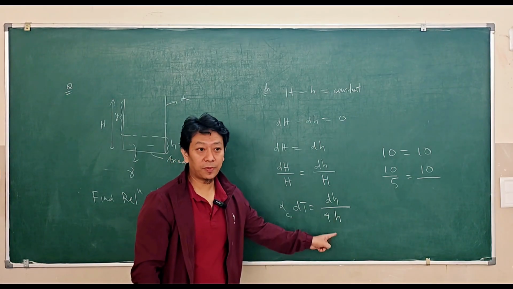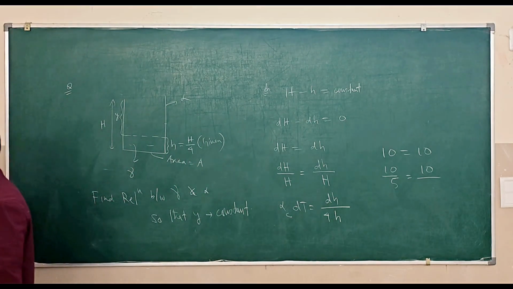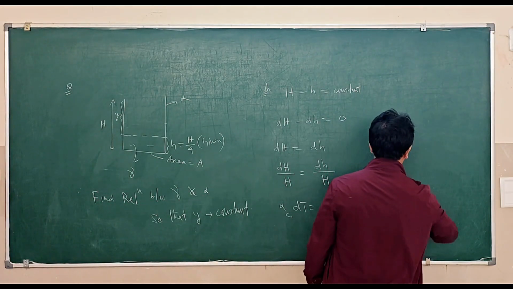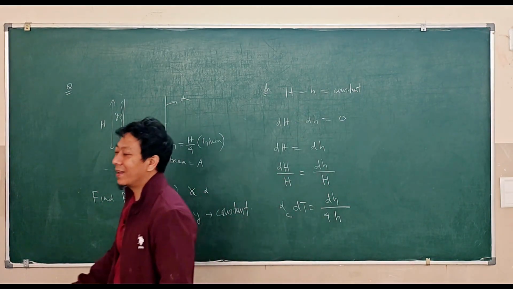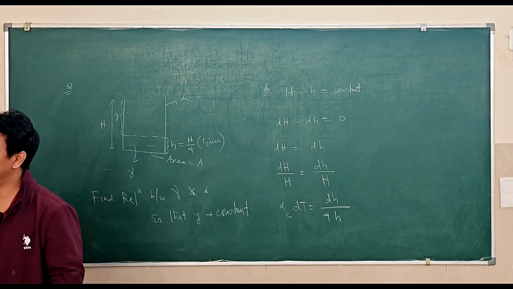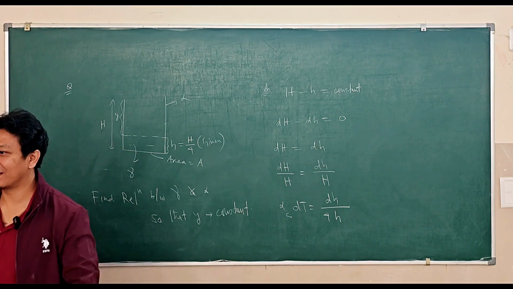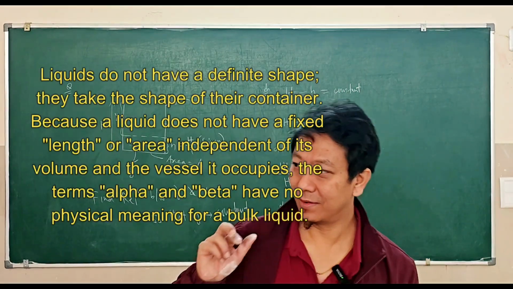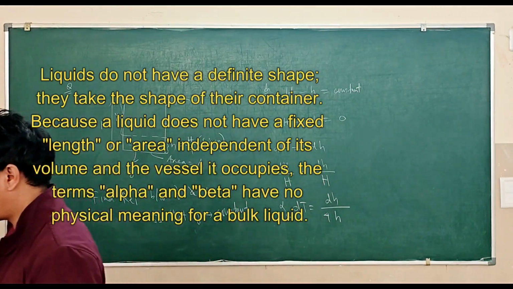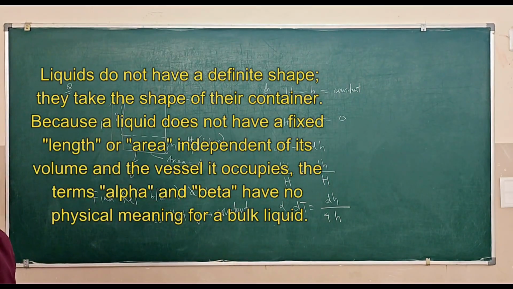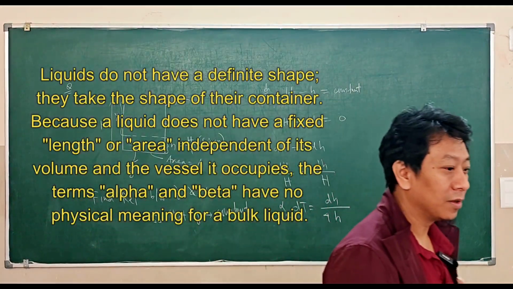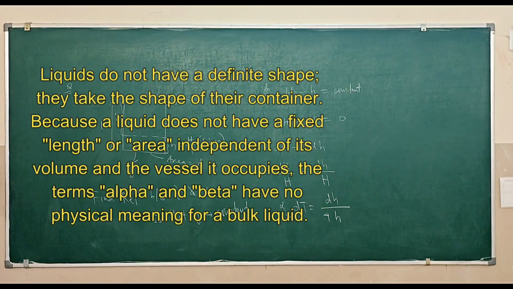Now this dh by h, we don't know. Don't say alpha of liquid. Liquids do not have definite length. That formula we cannot apply for liquid's length. Alpha, beta equal to 2 alpha, gamma equal to 3 alpha is for whom? For liquid, volume changes we can write. Length changes we cannot write.